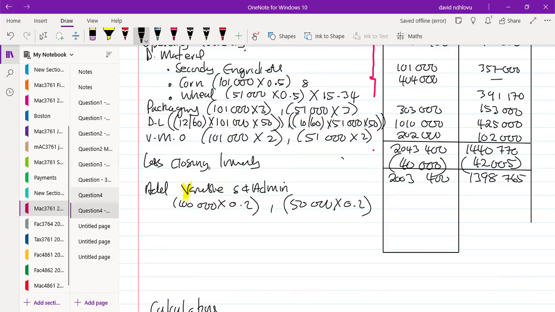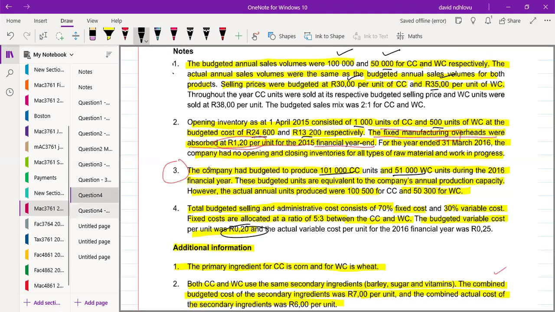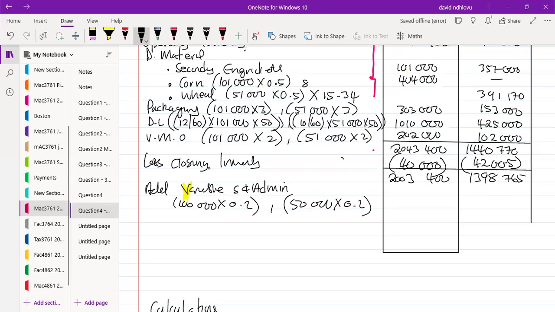Right, let me verify my figure. Is it really 0.2? That's 0.2. Right, 100,000, that would be 20,000. And that would be how much? 50 by 0.2. That is 10,000. We are adding that.